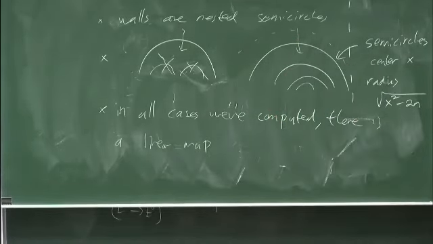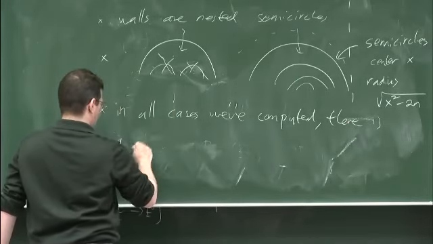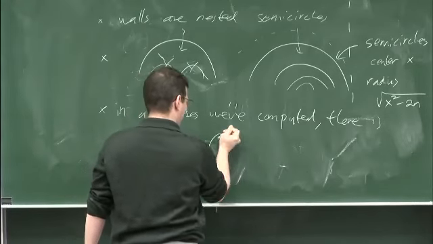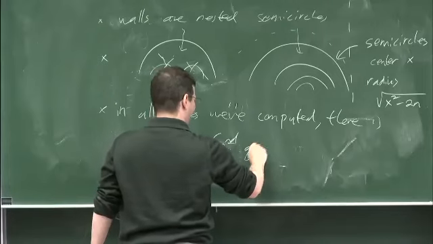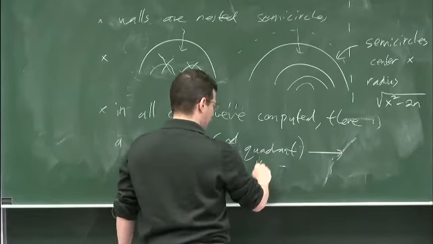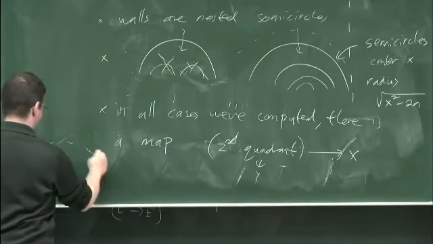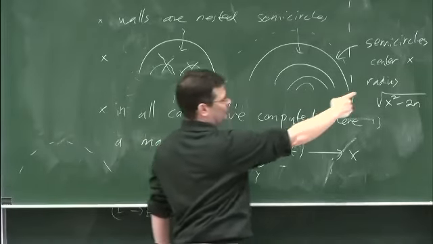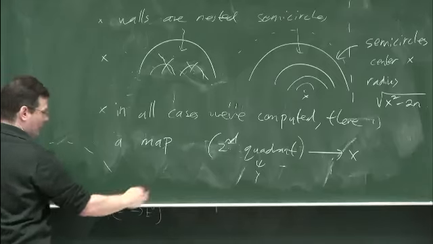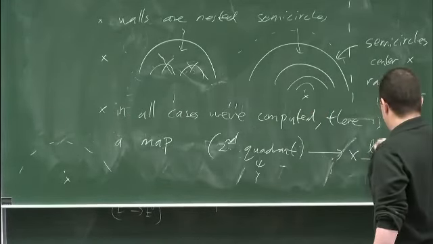Which means I can describe a map from the second quadrant: a point goes to the center x of its unique circle, and then there's a linear map.